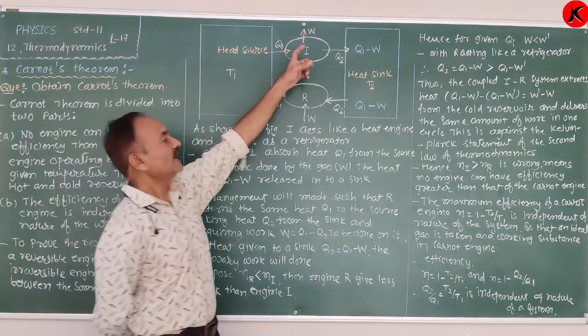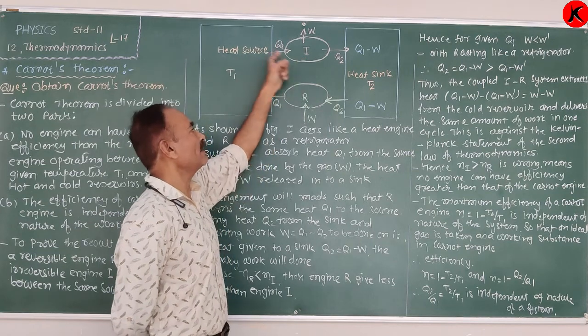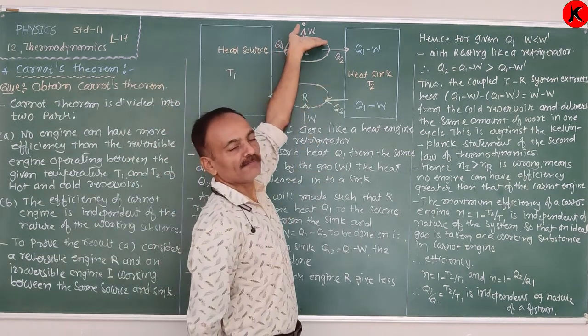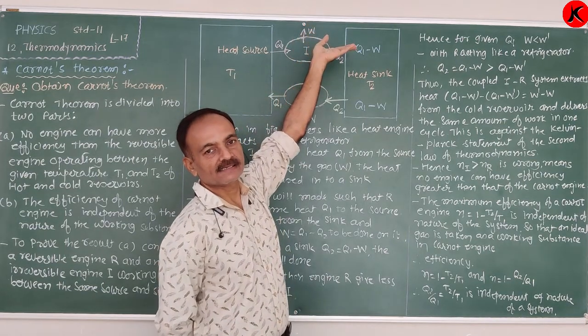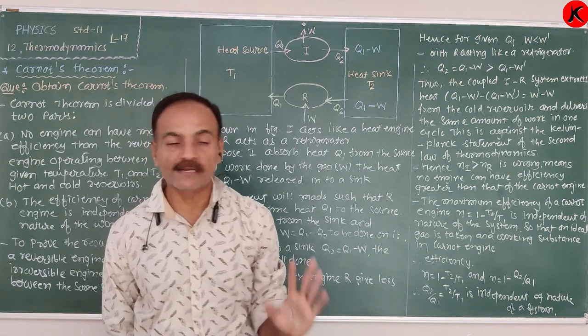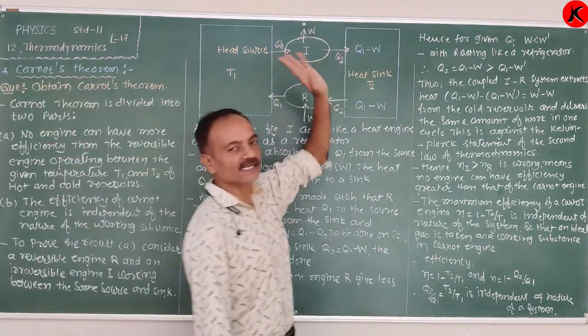Here the I acts like a heat engine. It absorbs the Q1 amount of heat from the source. As a result, work is done by the gas, and Q2, which is equal to Q1 minus W, amount of heat is released in the heat sink.